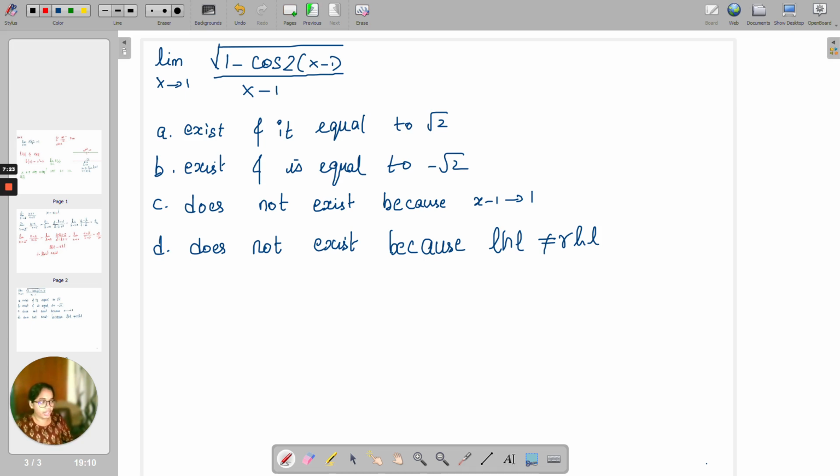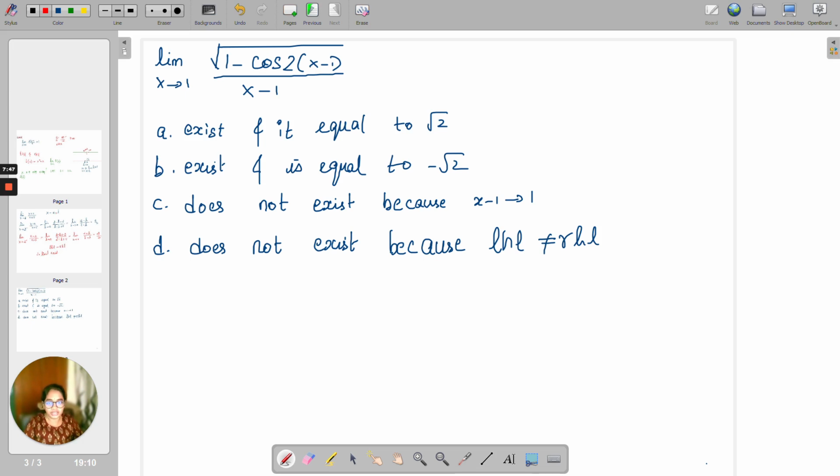Now, if they had given directly an option of the answer, if they had given only root 2 minus root 2, you could have just directly substituted 1 in the place of x, and if you had 0 by 0, you could have used L'Hospital's rule. But here they are asking if the limit exists.